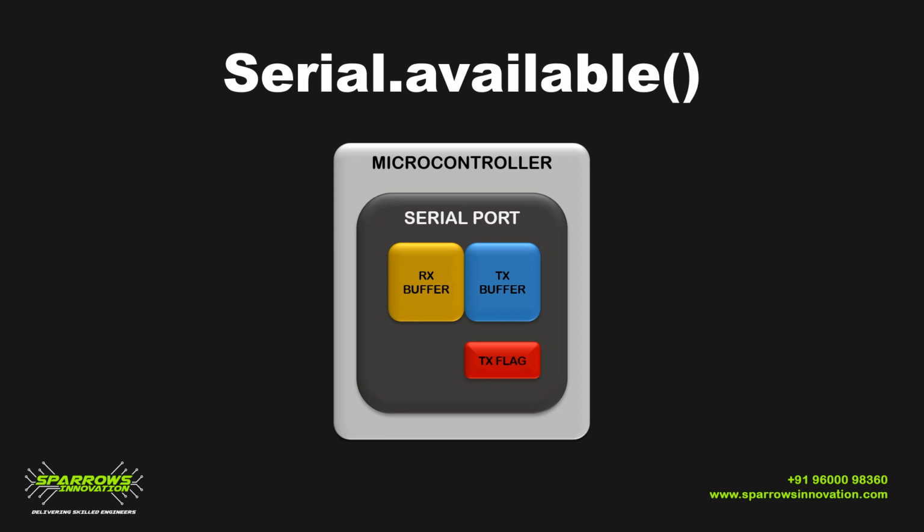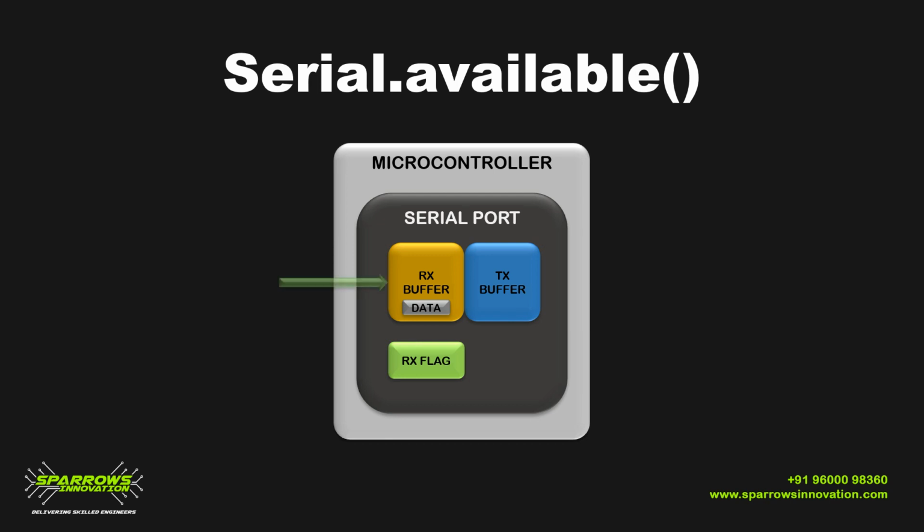But on the receiver side, another device is transmitting the data. Whenever 8-bit data is received at the receiver buffer, the receiver flag will be set to logical 1. The receiver flag is a separate single bit memory location.